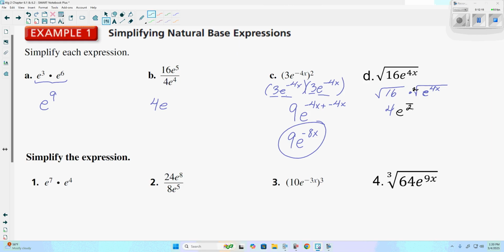The exponent attached to it is 4x. We still have the 4, but 4x divided by 2 is 2x. So 16e to the 4x would simplify to 4e to the 2x. Questions on this here?